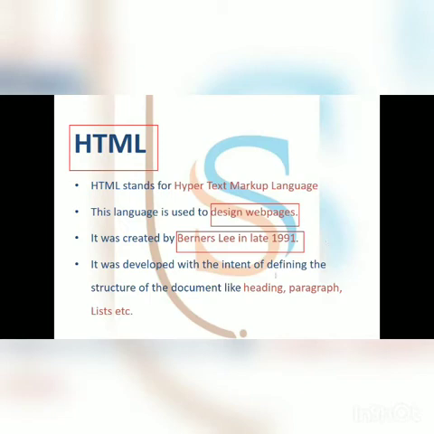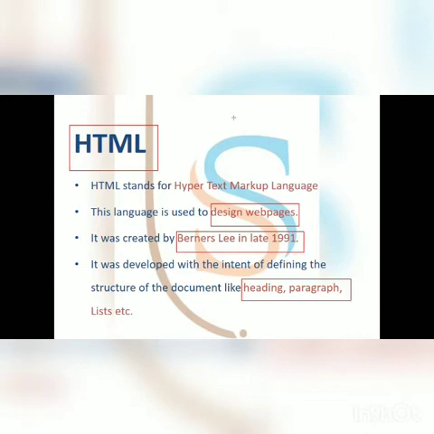At that time, what was the intention of the developer? The intention was to make the structure of the document, like headings, paragraphs, lists. And after that, many things we can develop in our web page.